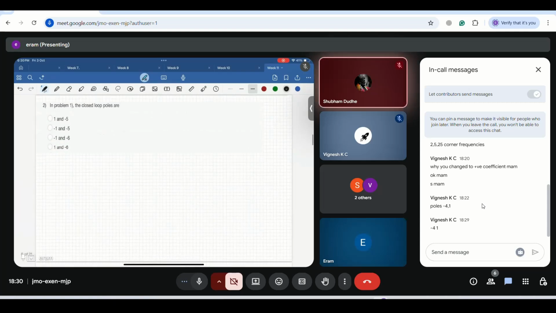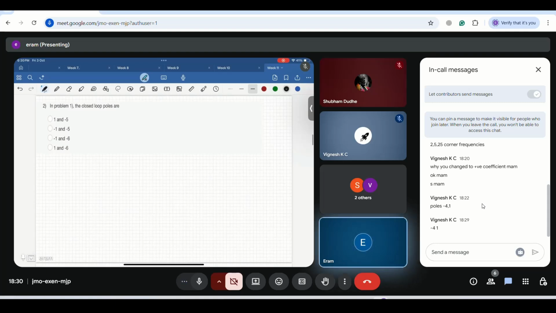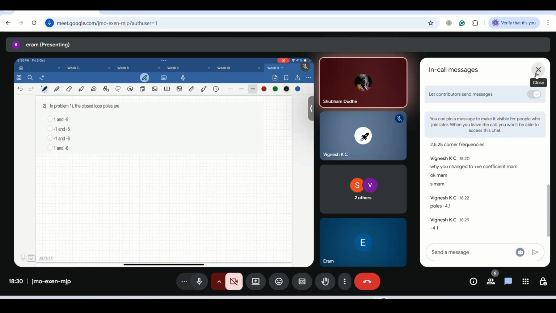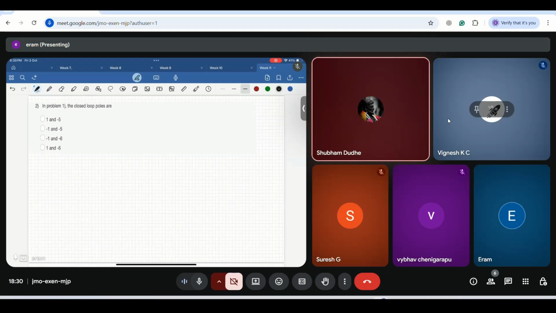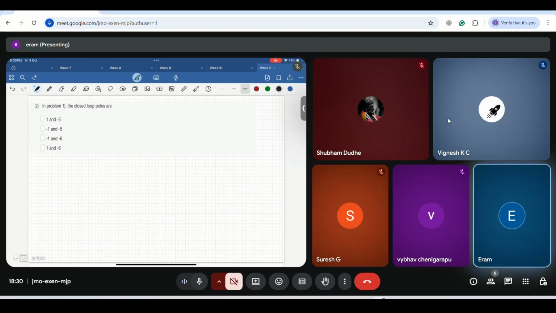Yes. Okay, and what are the closed loop poles? First find out the closed loop characteristic equation and then calculate the poles. Ma'am, show the question. Okay, the transfer function was 3 into s plus 3 over s square plus 3s minus 4. This was the open loop transfer function.